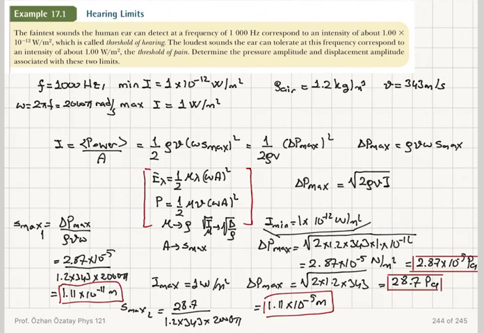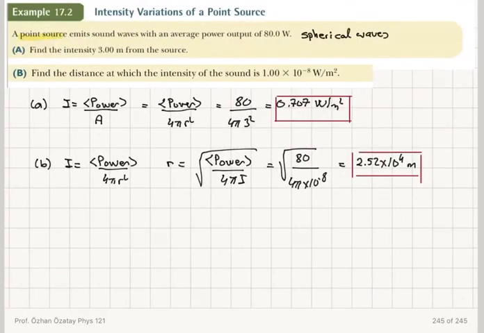Now remember, the threshold of hearing was 10 to the minus 12 watts per meter squared, so this is greater than the threshold of hearing. So this is a sound we can hear.